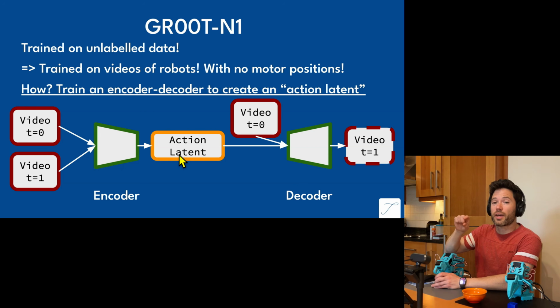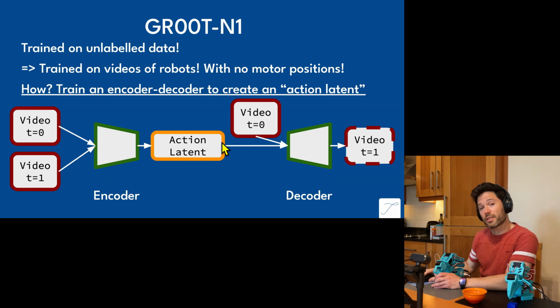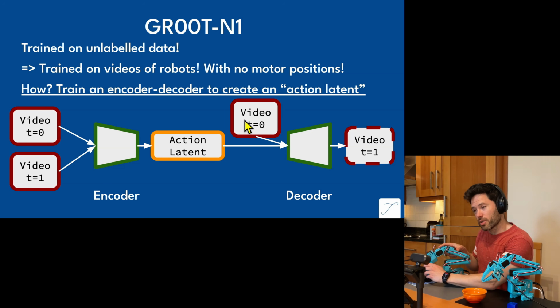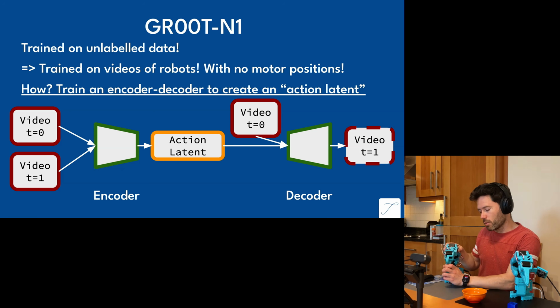And the way we check that it's the right movement description is we ask a decoder, a different neural net, to take that latent, combine it with the t equals 0 position and reproduce the t equals 1 position.